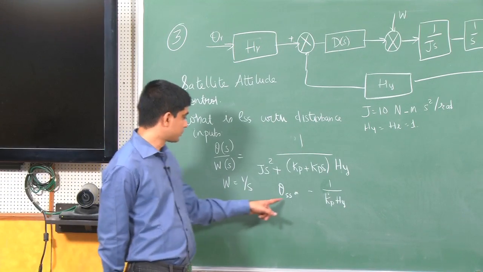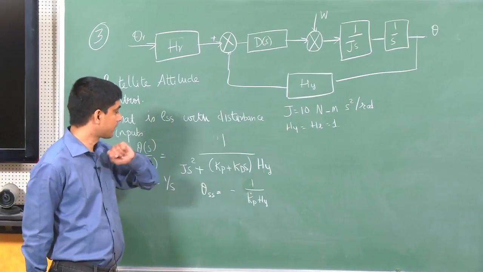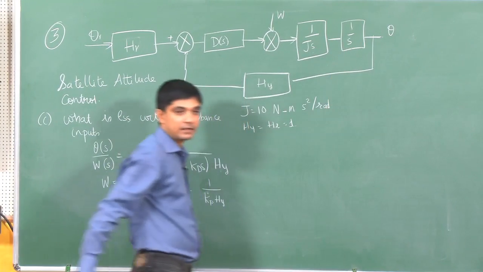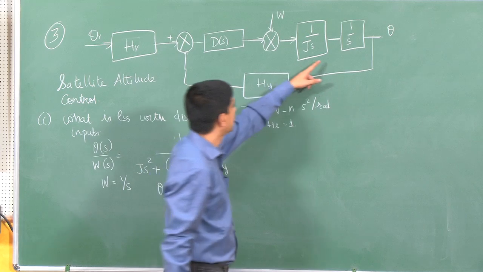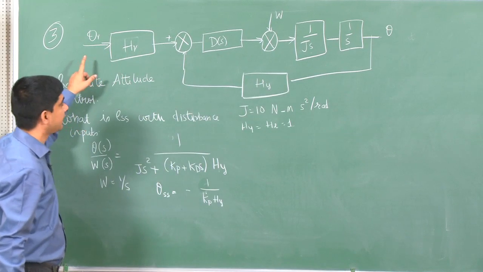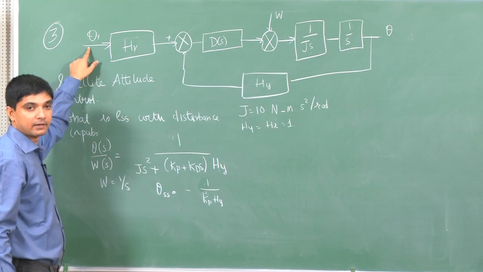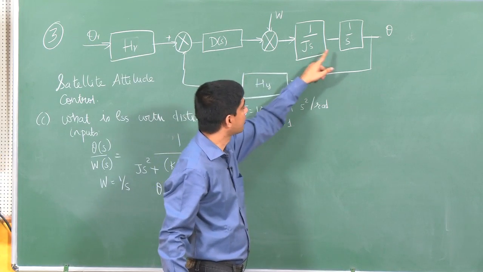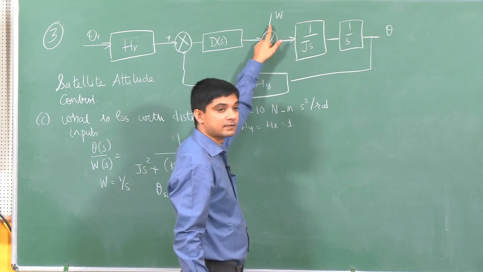Okay. So what do we observe from here? Go back to the plant. The plant has 2 poles at the origin, and these 2 poles were okay to eliminate the steady state error when I was tracking a step reference. But these are not useful enough to reject disturbances.